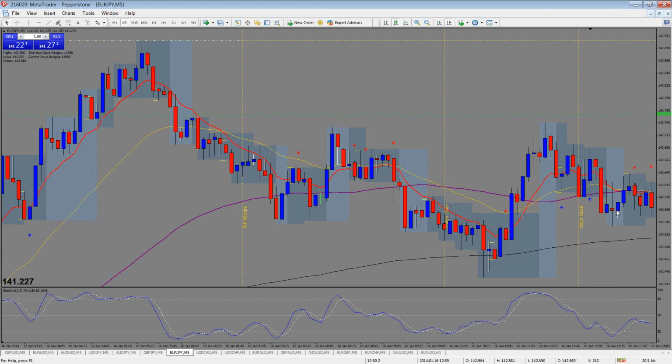We have an outside bar with a signal here where we have a downtrend happening. You can see that we've had a downtrend for quite a while. It is above the 200.